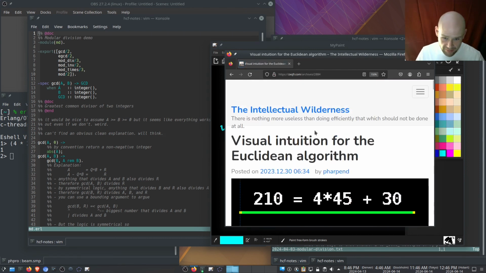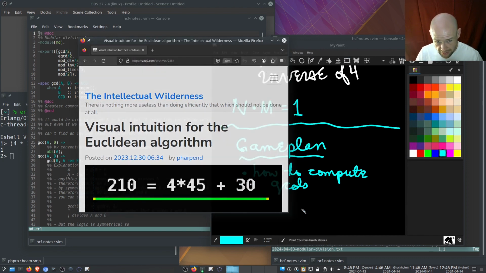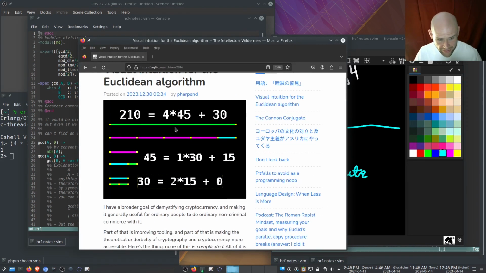So Euclid was a mathematician from 300 BC. He lived in Alexandria, which is near Cairo. Let me zoom out. You should look at this picture. The algorithm is really simple. Euclid is sort of the father of mathematics.